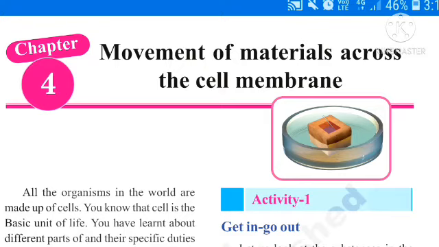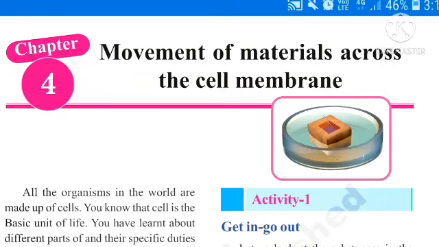The outer boundary of the animal cell is actually the cell membrane, which became separate from the cell wall in the plant cell. Okay, so the cell membrane is present in the animal cell and also the plant cell.